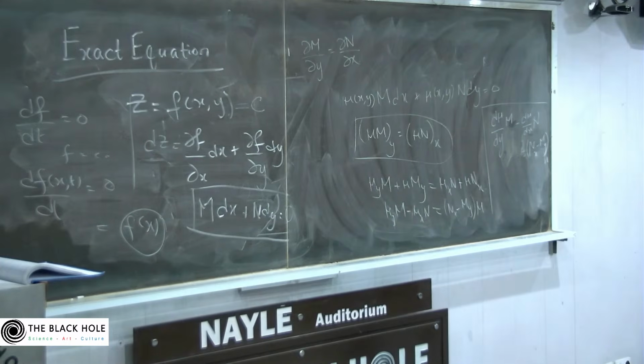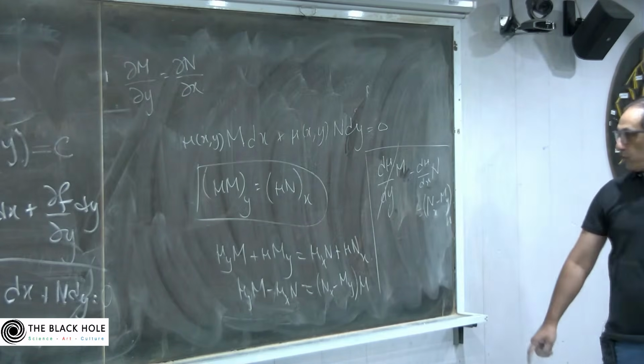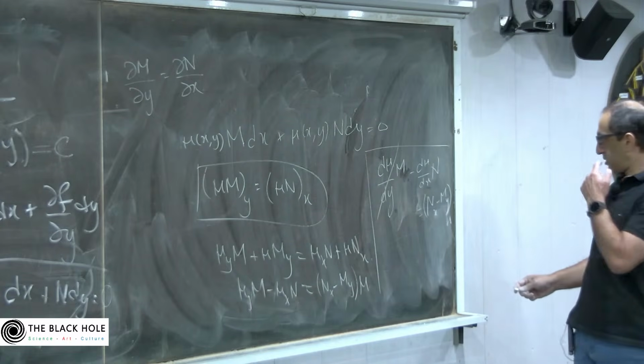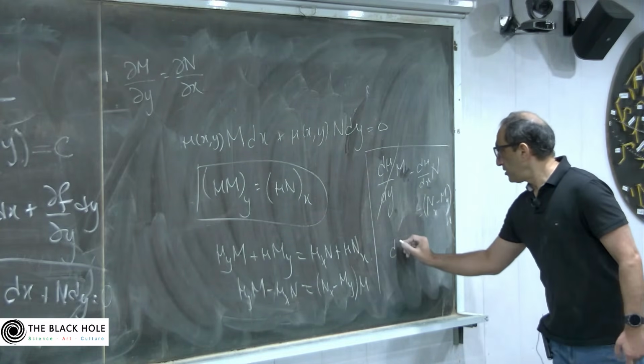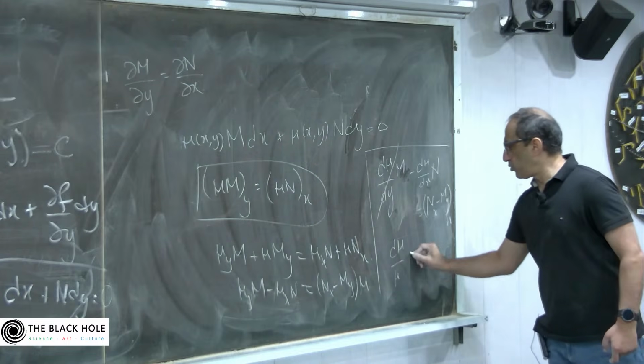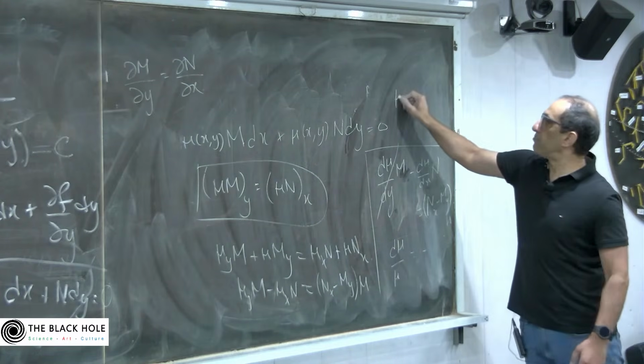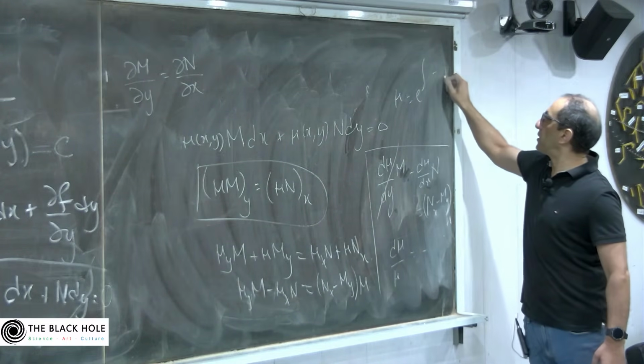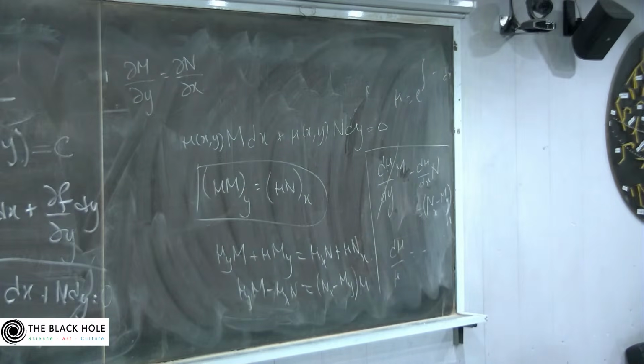So you will have to take either mu of x or mu of y. So if, let's say, d mu over dy equals 0, it's a straightforward matter. It becomes d mu over mu and something over there, and mu is equal to e raised to power something dx over here.